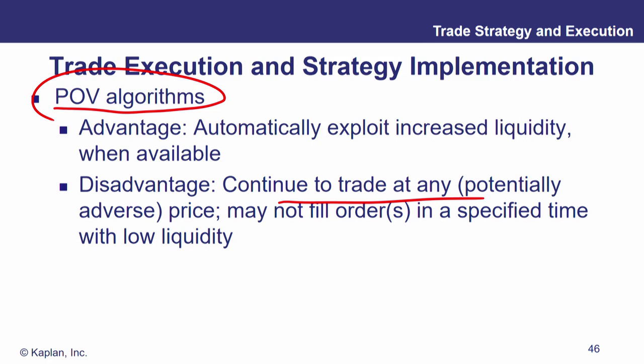And it also may not fill an order in a specified time if there's low liquidity. So again, it's going to hunt for increased liquidity, but it doesn't mean you're going to like the price that it trades at. So on all these strategies that we go over today, I want you to focus on what is an advantage or weakness or strength or weakness for each of these. So POV algorithms, absolutely, I would understand that for the exam.